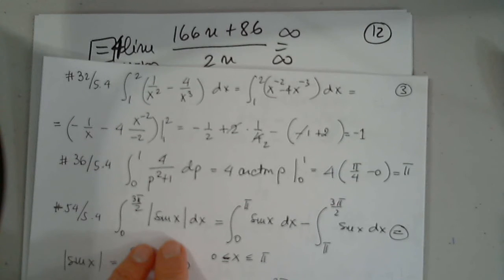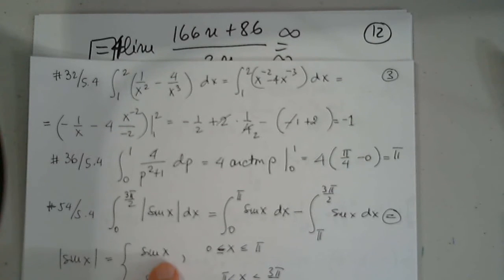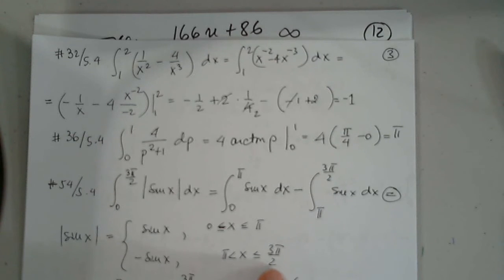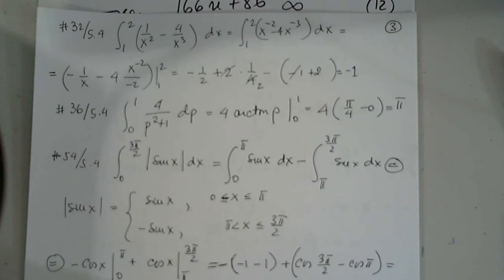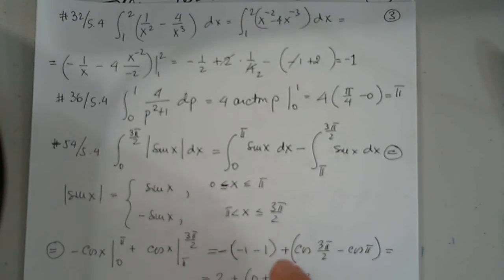So between 0 and pi, sine is positive. Between pi and 3 pi over 2, sine is negative. So therefore the absolute value equals sine between 0 and pi, but it's negative sine between pi and 3 pi over 2. So between 0 and pi I use sine, and I get negative cosine. And here negative sine gives cosine.